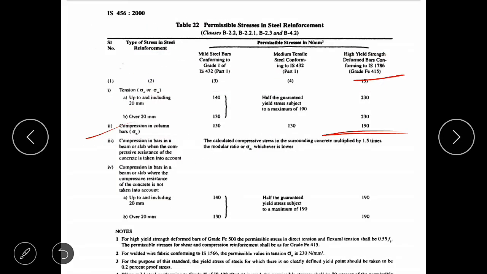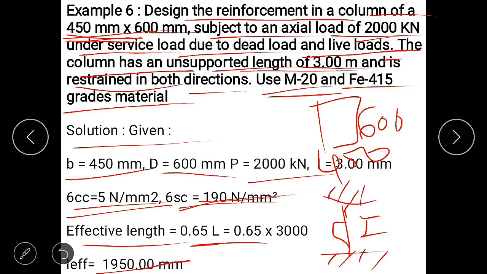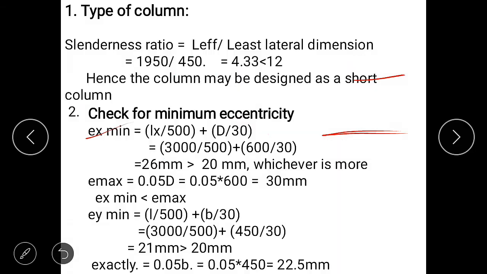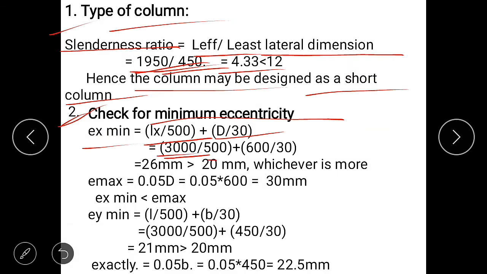So the length is 3 meters, which in mm is 3000. So 3000 divided by 500 plus D. D is our column dimension, 450 by 600, so D is 600. So 600 divided by 30. The answer is 26 mm, which is greater than 20 mm. Whichever is more, use.